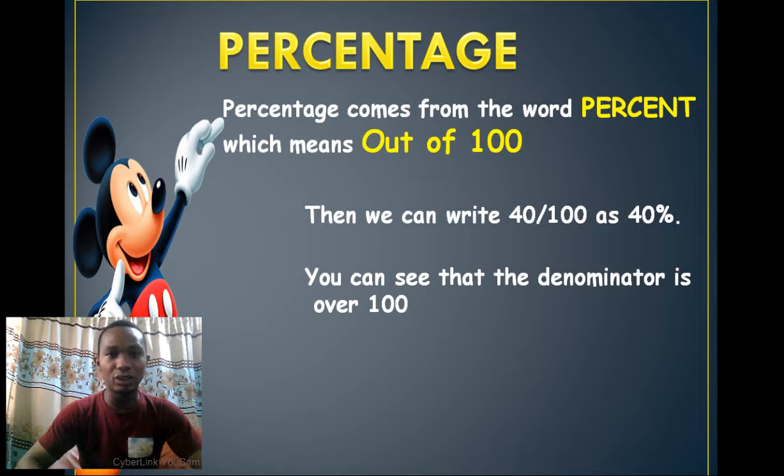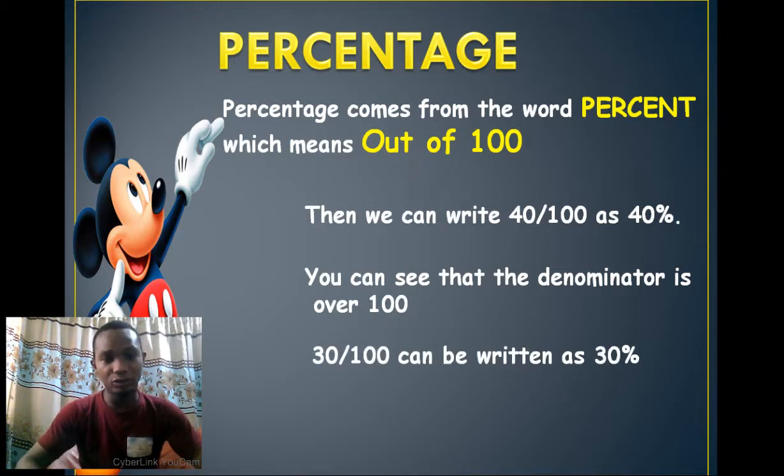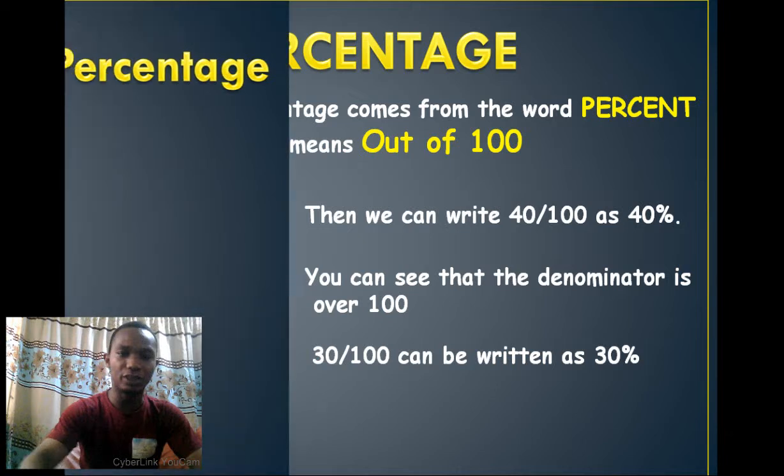That's 40 out of what? 100. Then let's write 30 over 100 as a percentage. We also have 30%. Just put this in mind that percentage is a number out of 100.